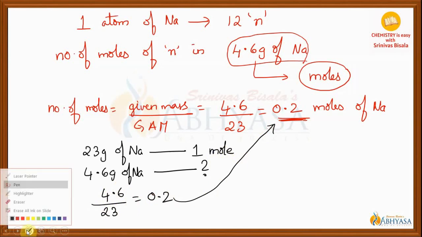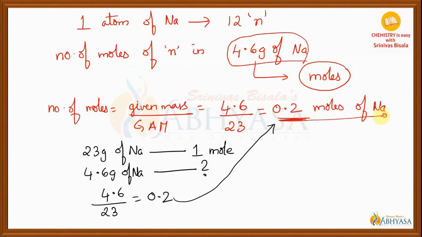Now let's move further. What do we need to calculate here? We need to calculate the number of moles of neutrons in 4.6 grams of sodium, meaning in 0.2 moles of sodium. We already know that in one sodium atom we have 12 neutrons, isn't it?